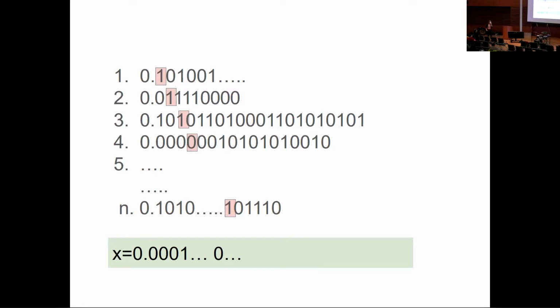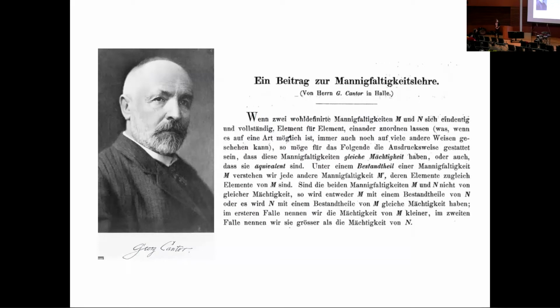And this is called Cantor's diagonalization argument. That's Cantor. I actually dug up the original paper where he's discussing these ideas of there being different sizes of infinity. For example, ones that you can count, which you can pair with the natural numbers, and other sets where you can't do that.